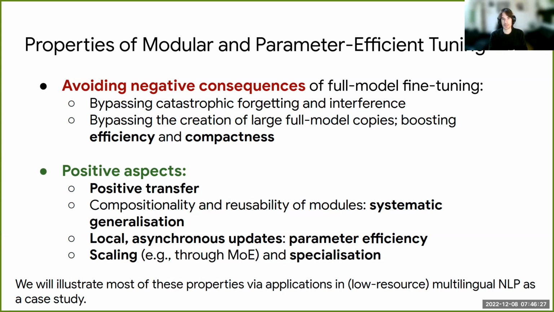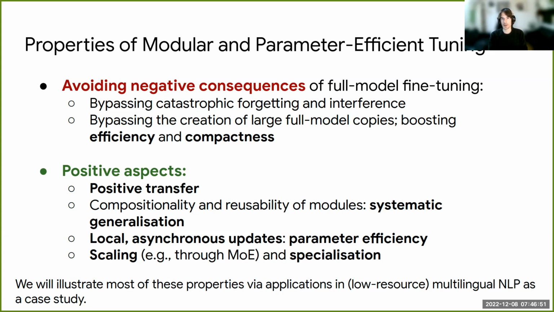Positive aspects are enabling positive transfer, which means that similar functions can be encoded within similar modules. So we can reduce data scarcity. For example, if we're dealing with very similar languages, we might create modules that cover a set of languages, not only a single language, so that we can learn some interactions between similar languages.